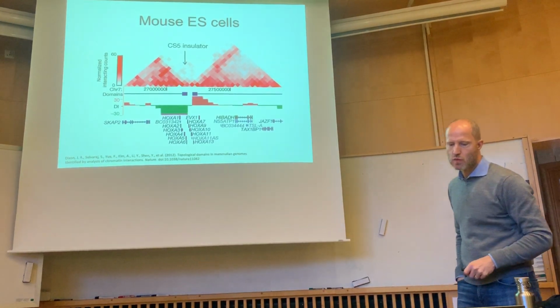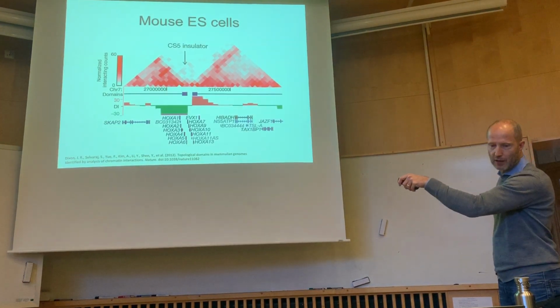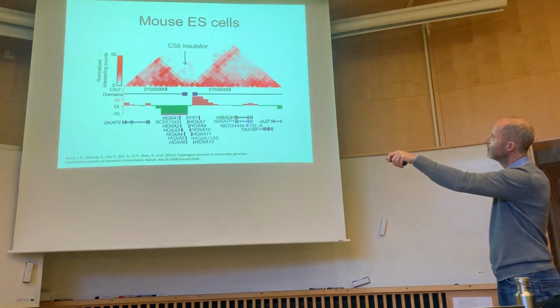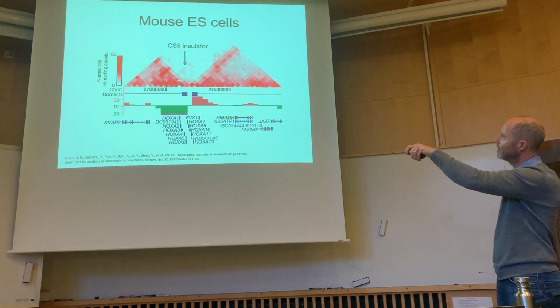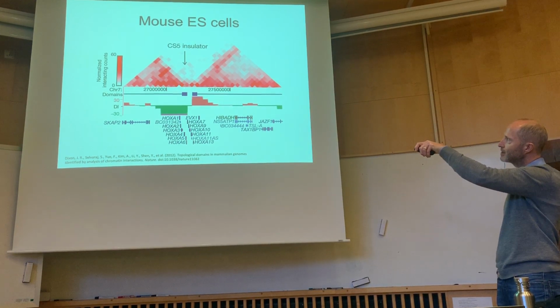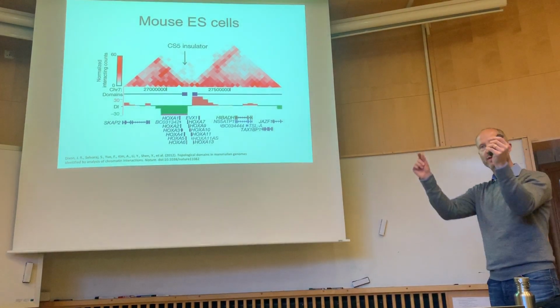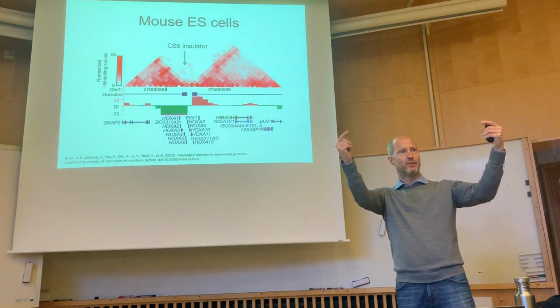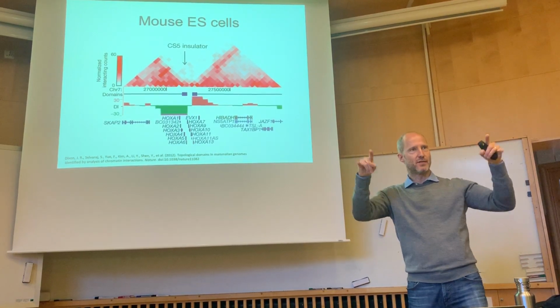And this is how it typically looks. So if something is dark red, it means that this part and this part have a lot of these half-end sequences.